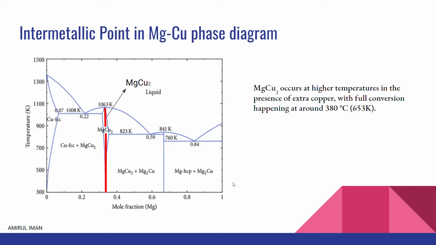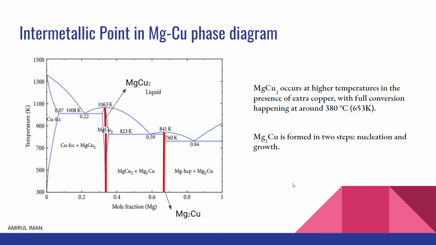So the next one, we can see from our solid solution MgCu2 plus Mg2Cu, and the other one is Mg HCP and Mg2Cu. So from this we know that our intermediate point is Mg2Cu.